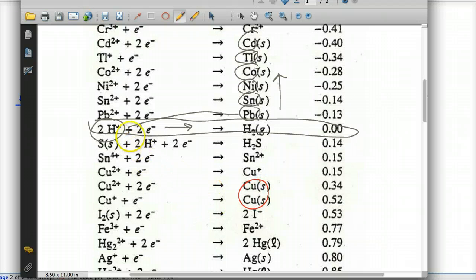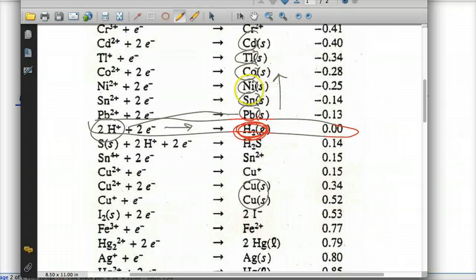Anything below it means one of two things: this reducing agent, the one who gets oxidized, copper, is not strong enough to force the electrons onto the H+, or this H+ is not a strong enough oxidizing agent for the copper. That's the best way that I like to explain it. This H+ is strong enough to force all of these metals to oxidize and produce hydrogen gas.